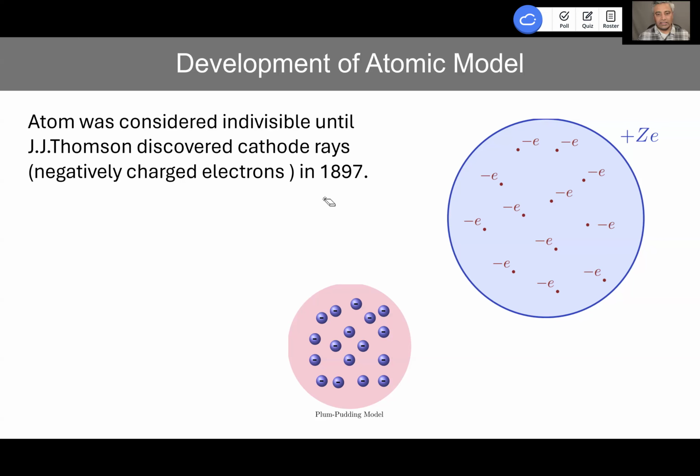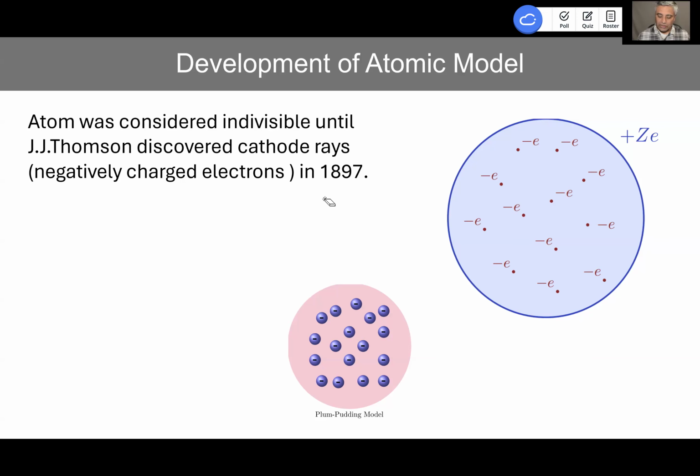How did we settle on the structure of atoms? What was the process, and what went into that process? That's what we're going to be talking about in this class.